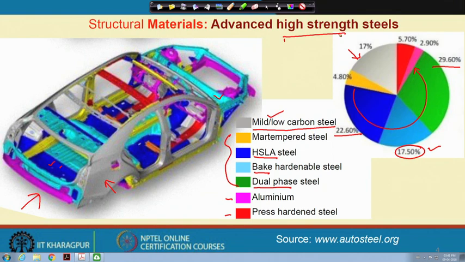There are many mechanisms, many assumptions or simplifications, and microstructural bases for development, and a certain amount of tempered, meaning martensitic tempered steels are also used, around 5%, whereas 5% are used as aluminum and press hardened steel in this range. So, one can see that even these days for constructing a car, all these advanced steels are used.